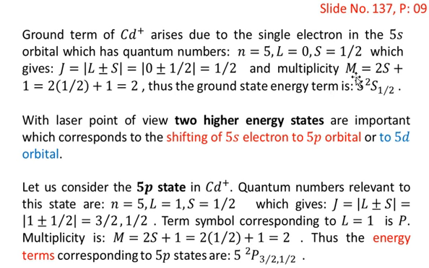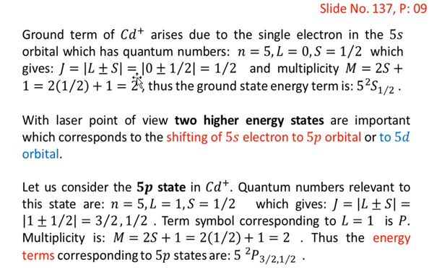And the multiplicity is given by M is equal to 2S plus 1. So substituting the value of S, which is 1/2, you will get 2. So multiplicity is 2, which means a doublet. But you know that when L is 0, then this doublet will not be a doublet, but it will be a singlet. This is a special case where the multiplicity is not followed.